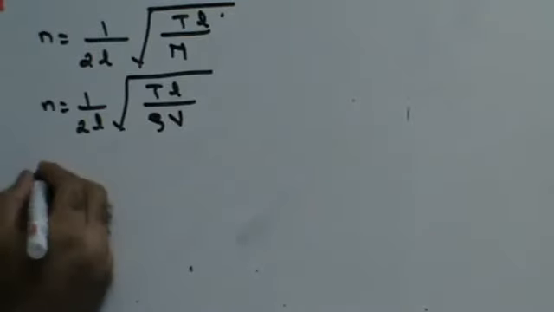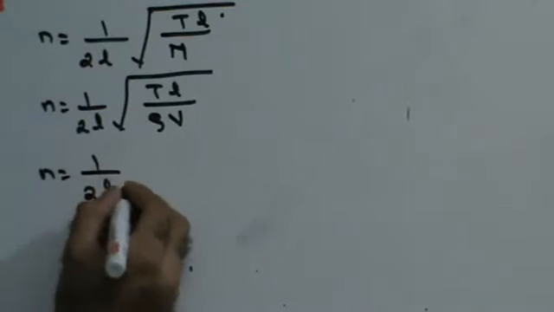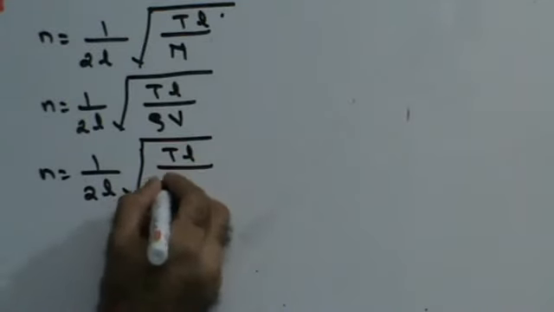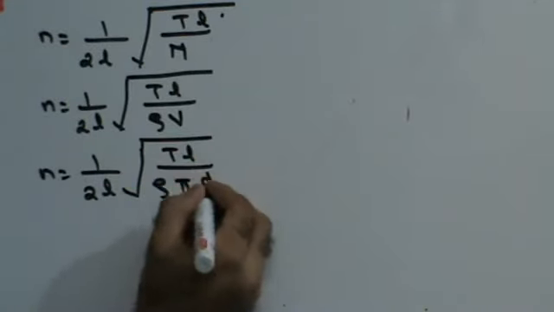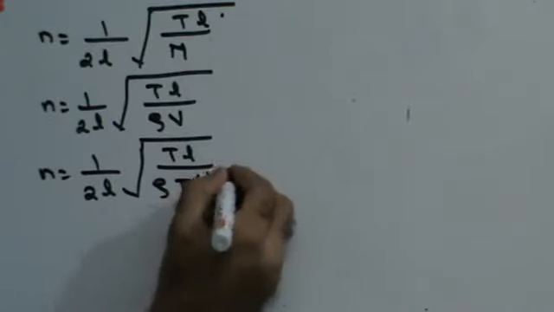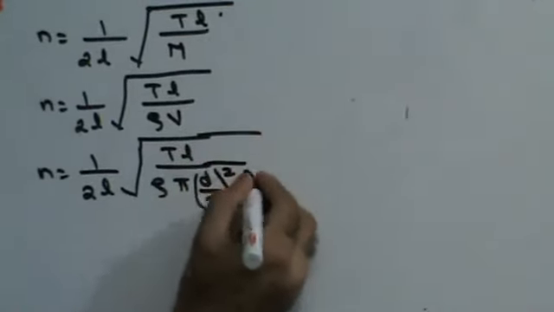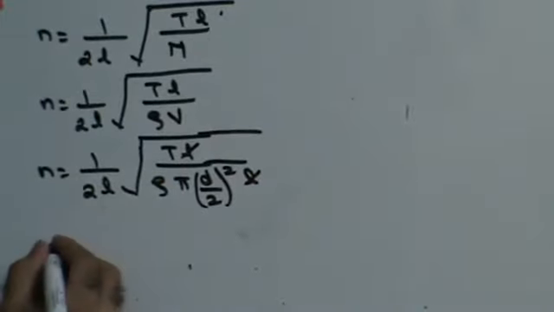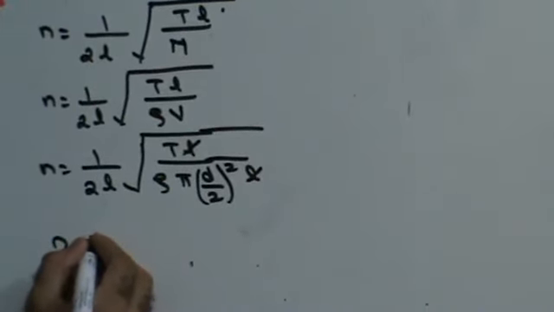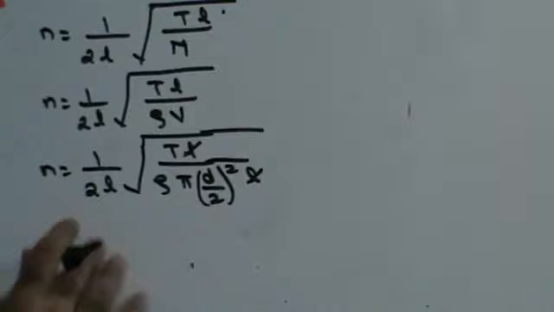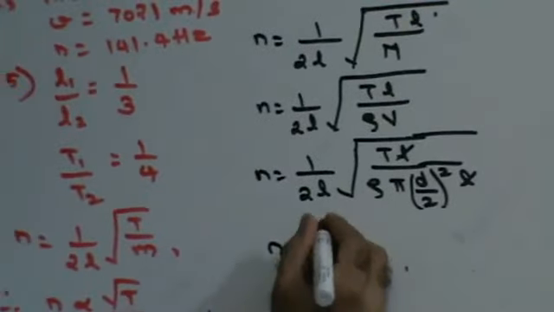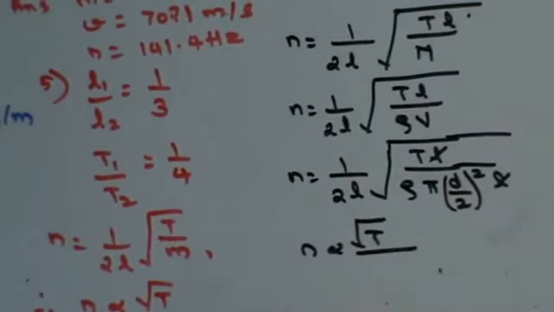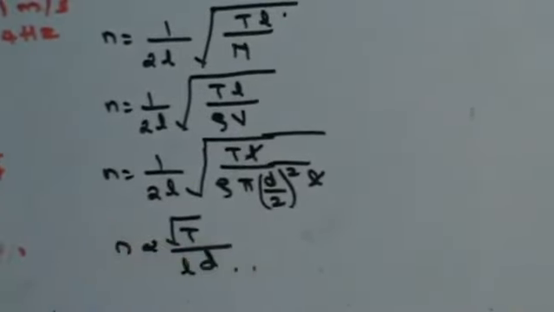Mass is density into volume, which can be written as density into pi r square L. L and L get cancelled, therefore N is directly proportional to square root of T and inversely proportional to square root of length and diameter.